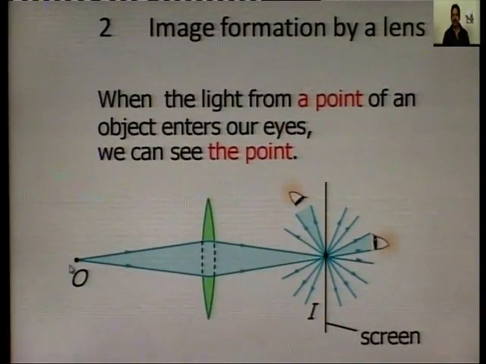So, this is the object, this is the image, and when a screen is placed at this point, the rays of light after reflection from this screen fall on our eye, and we can see this image of the object on the screen. So, this is how we see the images.